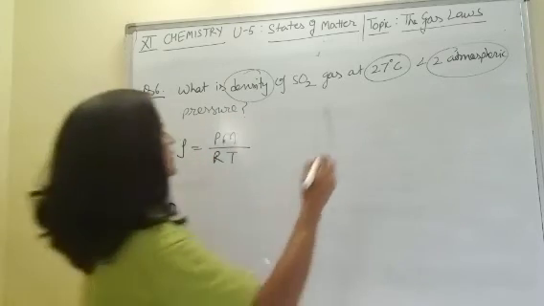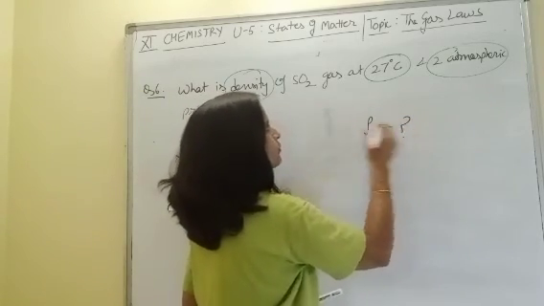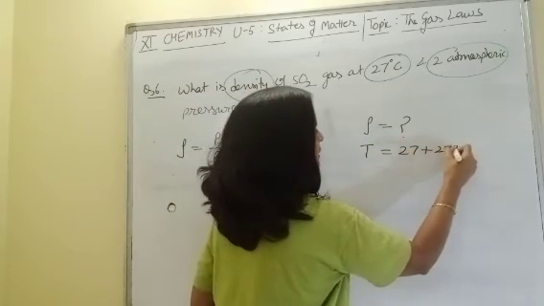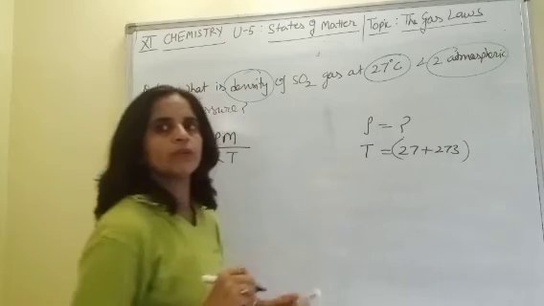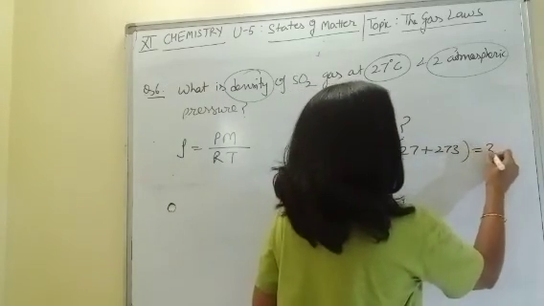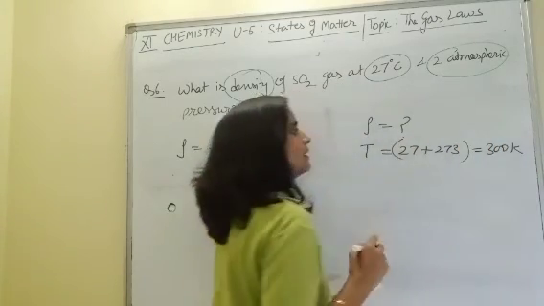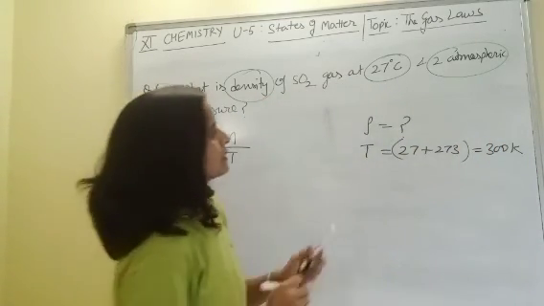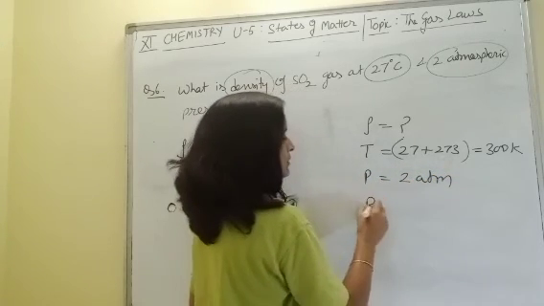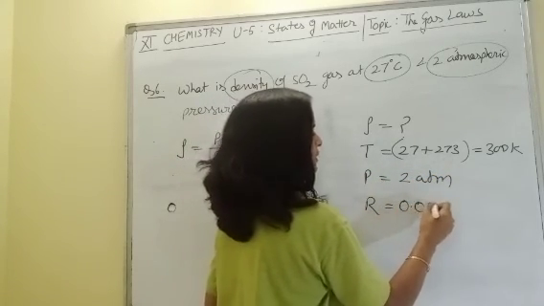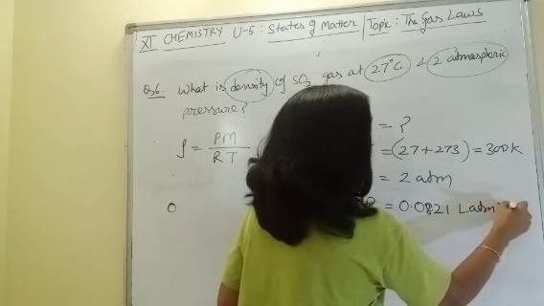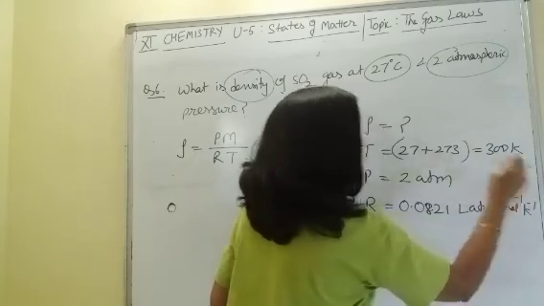The density is what we have to find. Temperature 27 plus 273. Remember this, always use 273 to convert temperature into Kelvin. Never use temperature in degrees Celsius. The next pressure, 2 atm. R, the universal constant, 0.0821 liter atmosphere per mole per Kelvin.